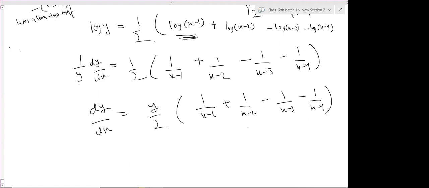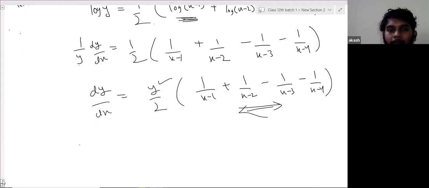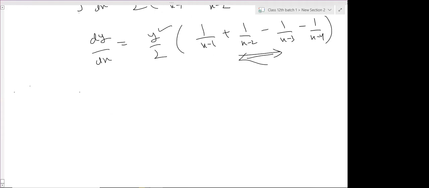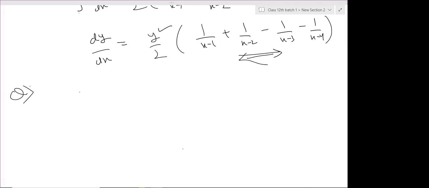All right, and don't leave it like this. You have to take LCM and simplify. Also put the value of y as in the question. Ronaldo, this is clear? Yes, sir. All right.